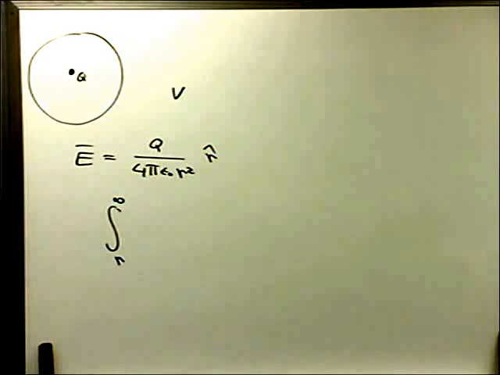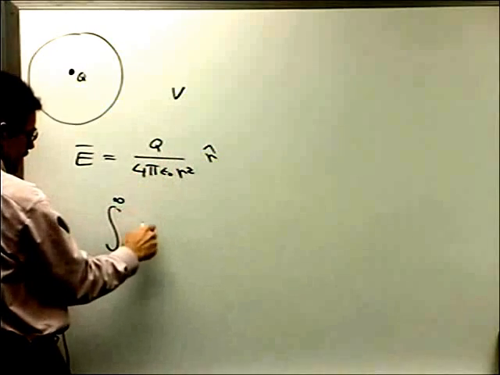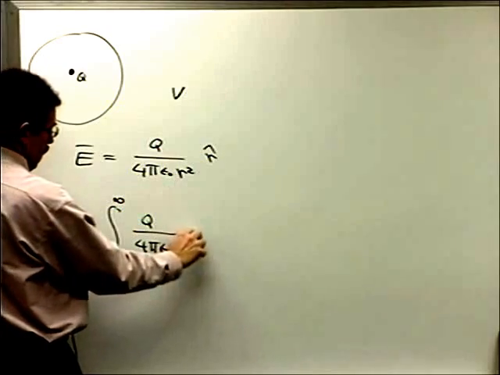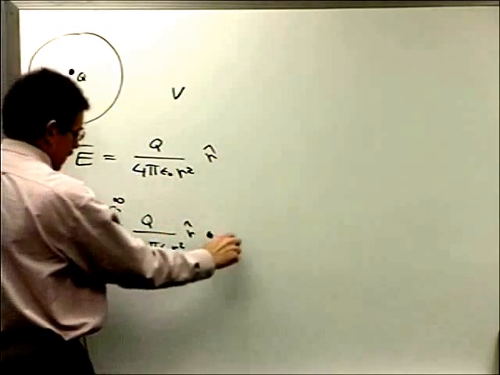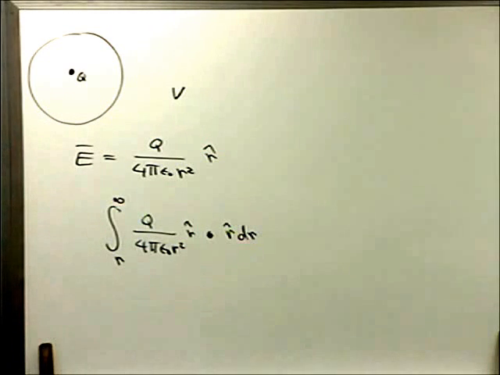So the voltage at infinity is 0, the voltage at r is something else, and then you're integrating this function along a straight line, and you'd be dotting that with a differential length, basically r hat dr, along that straight line.